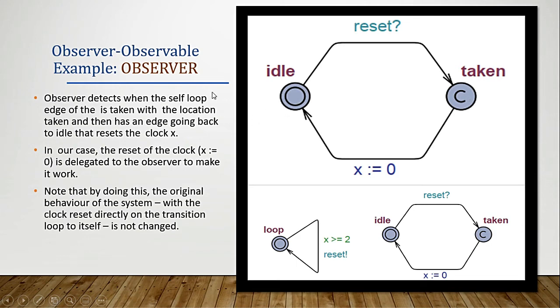Once the observable, or the software, or the tester, or anything does some event, for example resets the clock, the observer should know that something is happening, so the event is taken. The second part is the observer, and it just detects what happened in the observables.